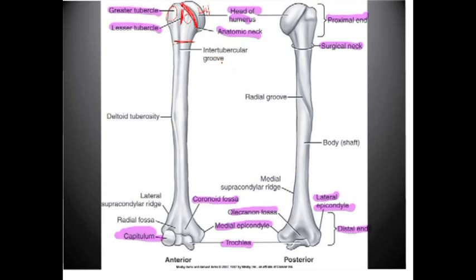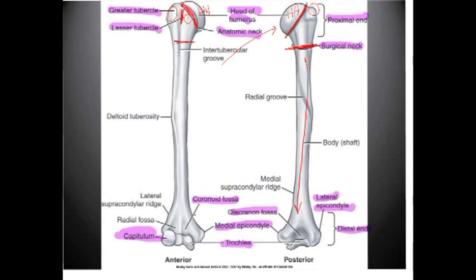Looking at it from a posterior view, we see that we have the greater tubercle, the humeral head, the anatomic neck, the surgical neck, the shaft, which is this long portion here.